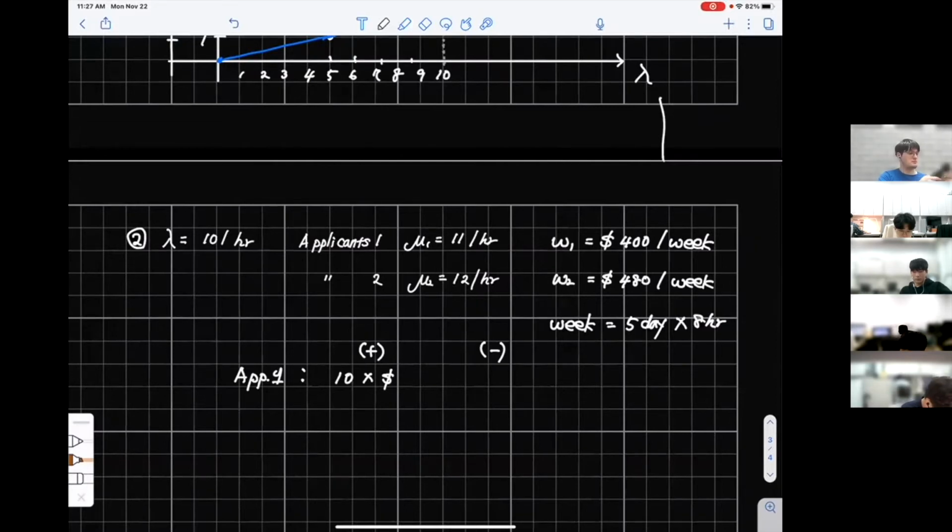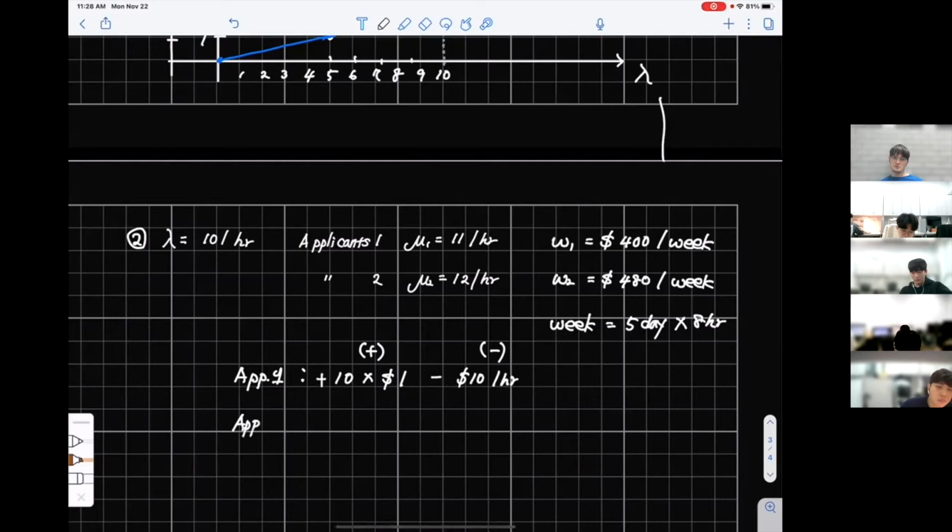That is 1. And minus is belonging to the wage. So $400 per week is equal to $10 per hour. So this is plus and this is minus.